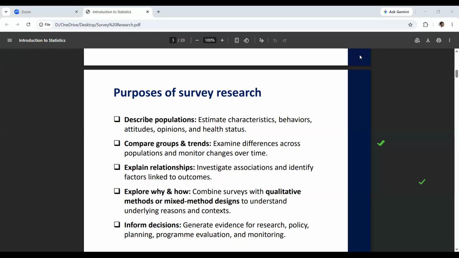So one of the major purposes of conducting large scale nationally representative surveys is to produce estimates at population level. जब भी we heard about PLFS, HCS, NFHS, all other nationally representative surveys, their main purpose is to provide you the estimates of different events, phenomena, characteristics at population level.